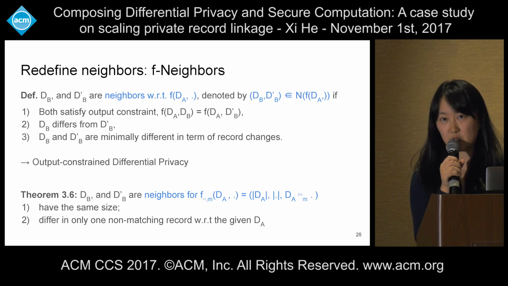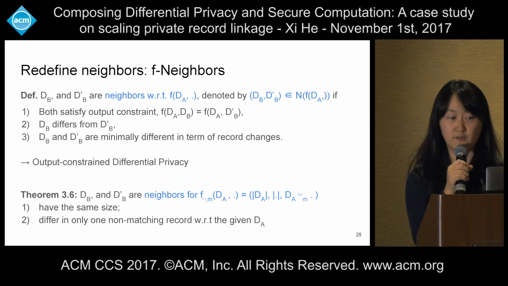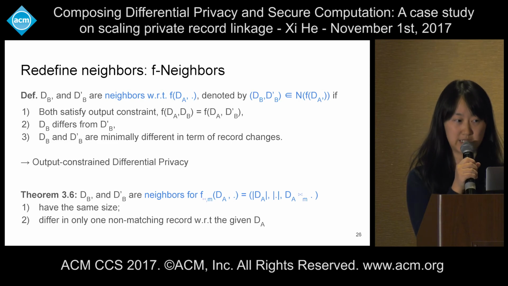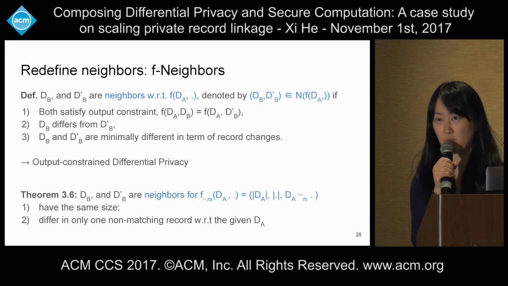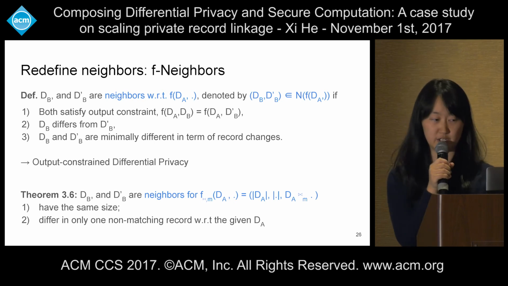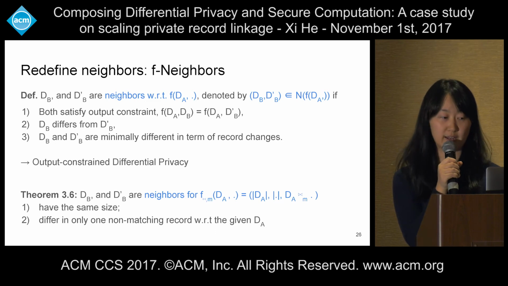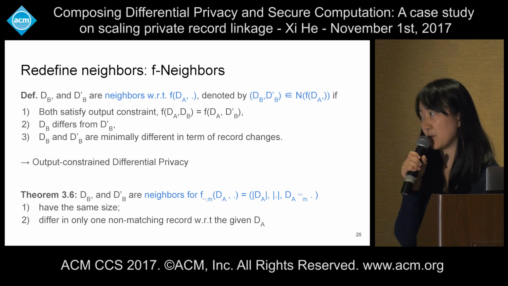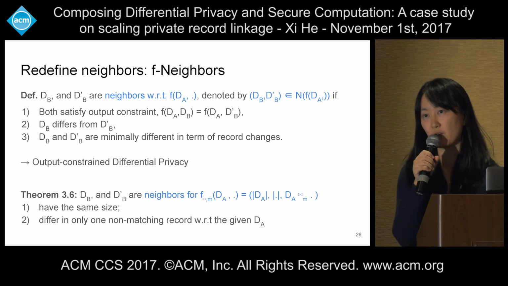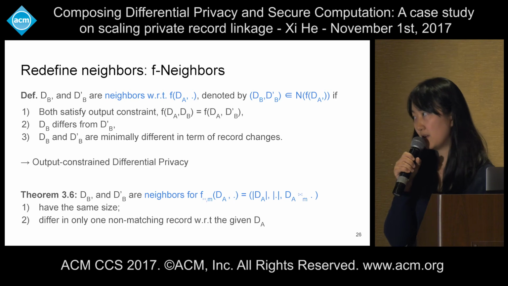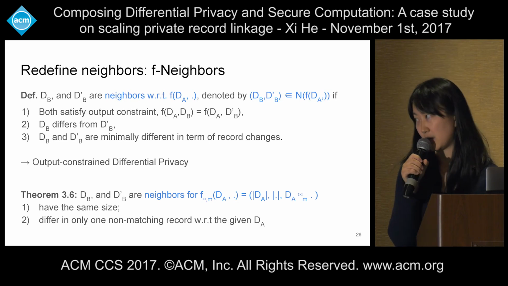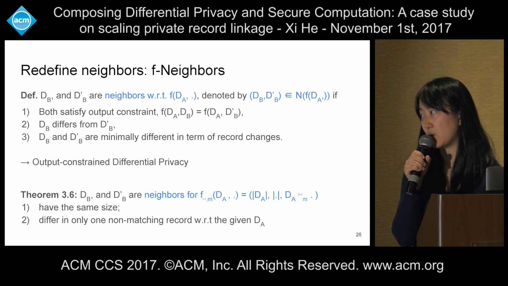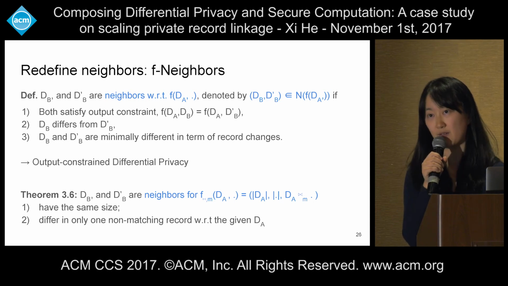So this set of neighbors actually has stronger conditions compared to the conditions for differential privacy and for PRL, right? And based on this definition, we can propose a new notion called output constraint differential privacy. I'm not going to present the definition here, but I'm going to use record linkage to illustrate the idea. So we say DB and DB prime are neighbors for the function when you compute under private record linkage, firstly, they need to have the same data size, and they differ in only one non-matching record with respect to the given DA.